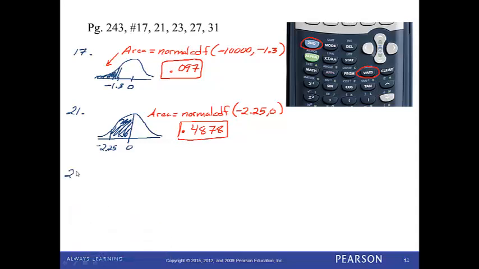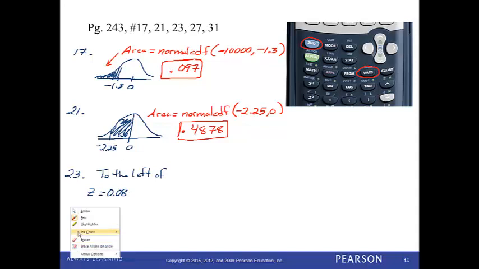So number 23. Now the instructions still say find the indicated area under the standard normal curve. If convenient, use technology to help find the area. And it says to the left of z equals 0.08. So this is the same type of problem as 17 and 21, except instead of giving me a bell curve, they wrote it as a sentence.